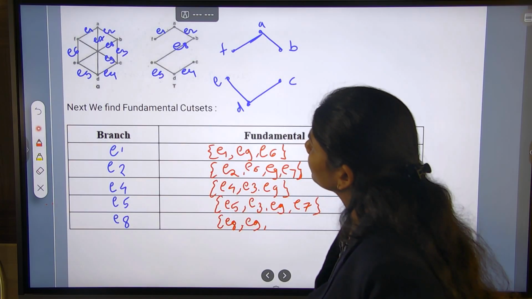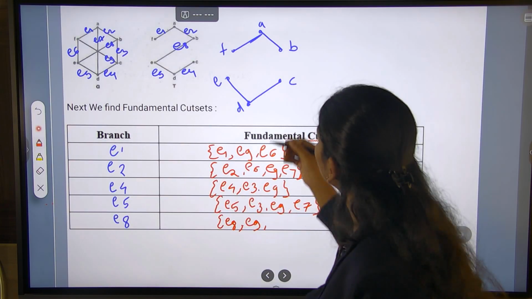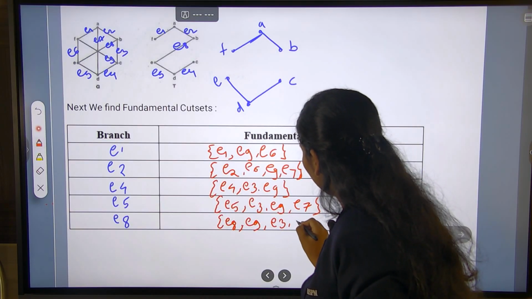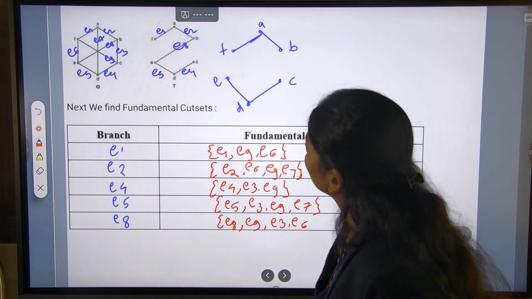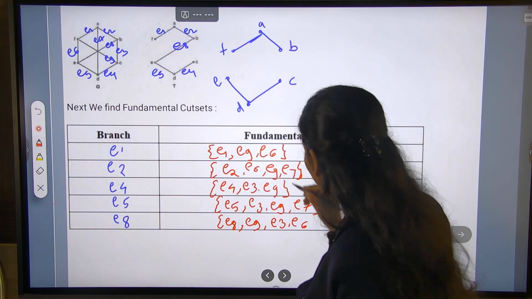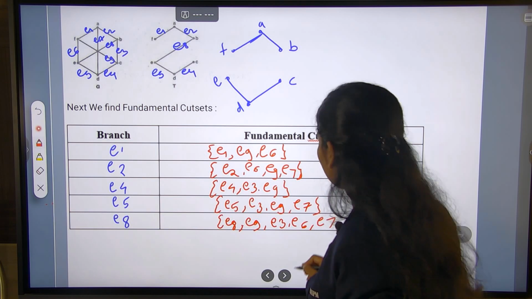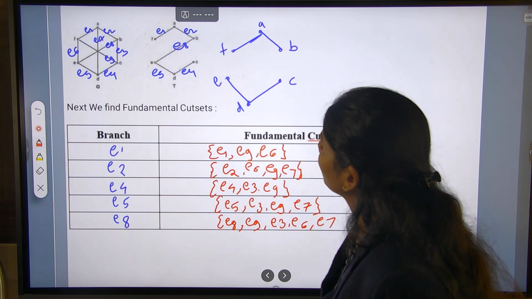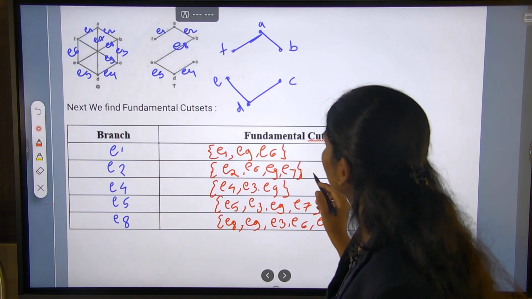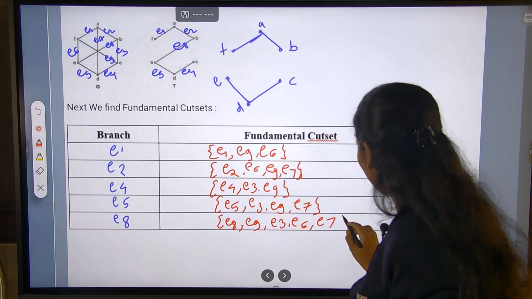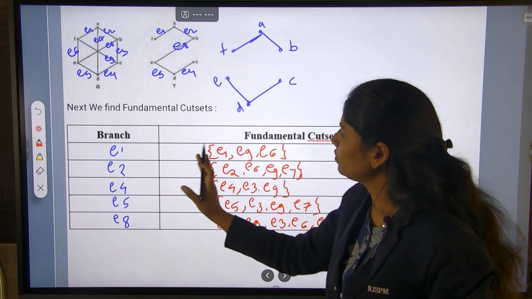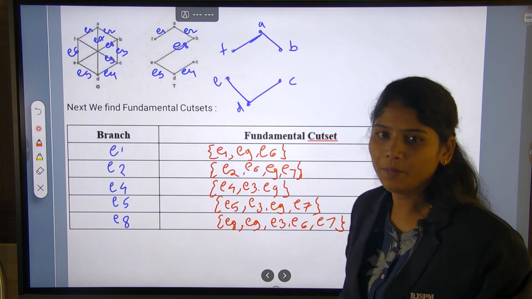Next E8, E9, E3, E6, so write down E3, E6. Then if we draw E7 again we will get the connected one, E7. That's it. So these are the fundamental cut sets for the respective branches. Okay, clear?